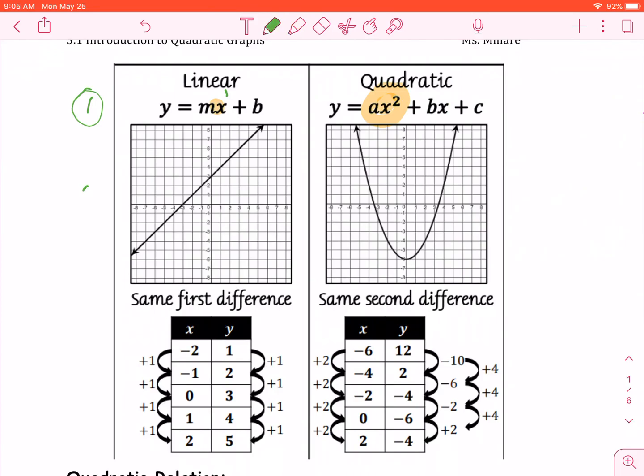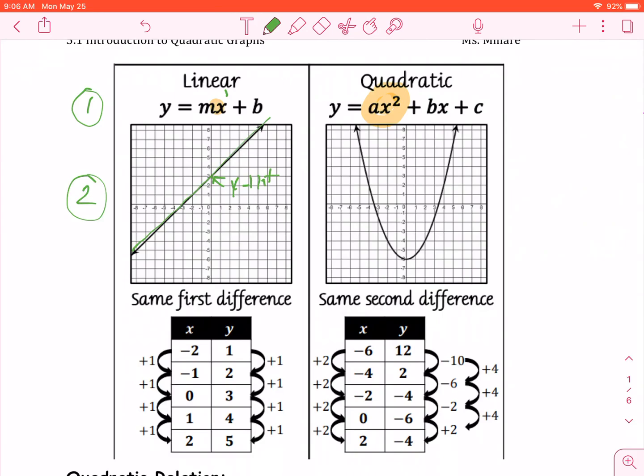The second key idea is looking at its graph. For linear graphs, the main focus is, does it look like a straight line? In this case in our graph, obviously it does. If we were to take a look at the equation of the graph that we have right here, we would say it has a y-intercept at positive 3.